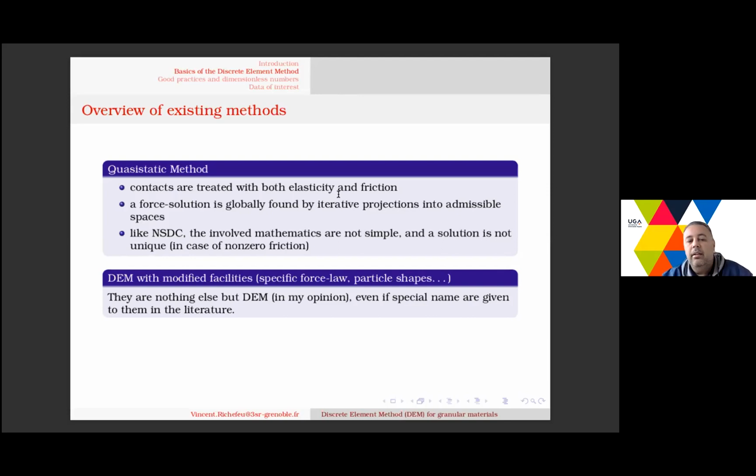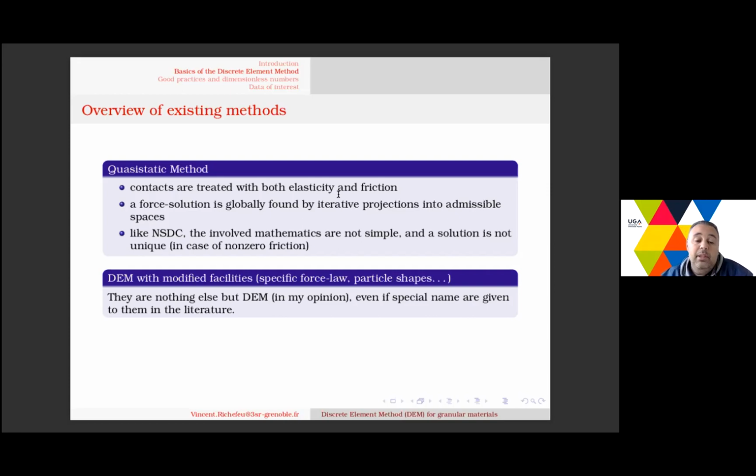So we will find a solution globally, but because of the friction, we also have to make projections in two admissible spaces, one which is due to elasticity and the other one to plasticity.